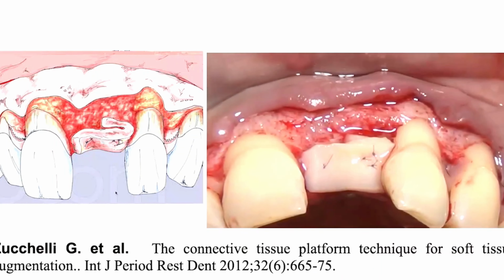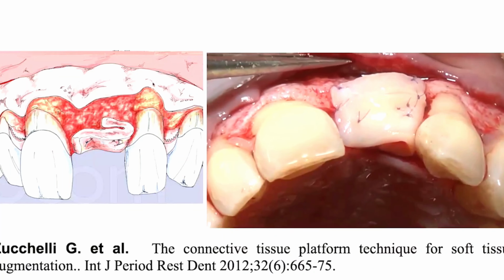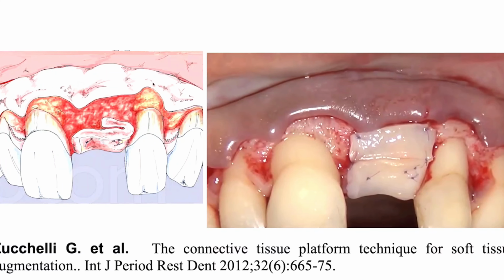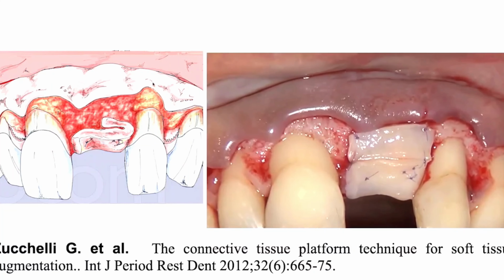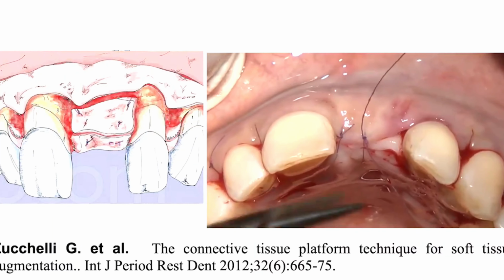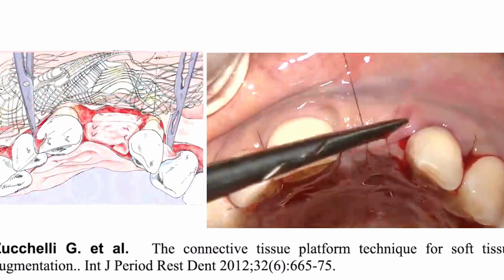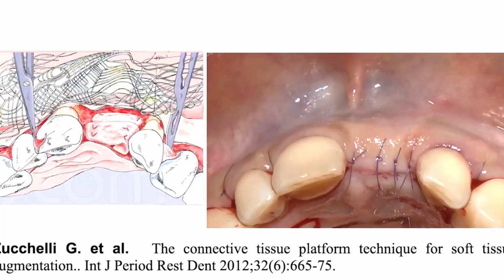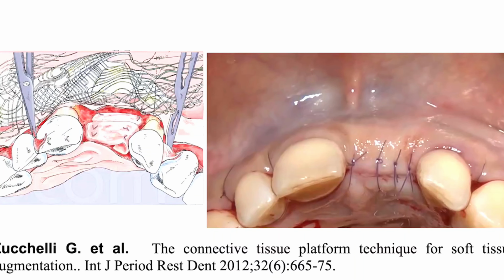So we can create a double layer in the site where there is more papilla to increase, and a single layer in the site where there is less amount of papilla to be increased. And then we close everything by advancing the flap at the level of the adjacent papilla once they've been de-epithelialized, and close everything at the level of the palatal aspect.